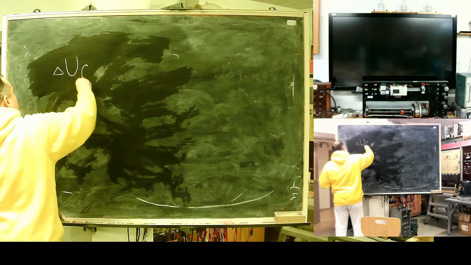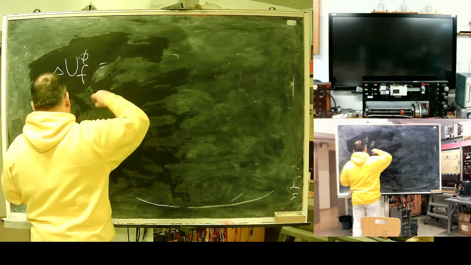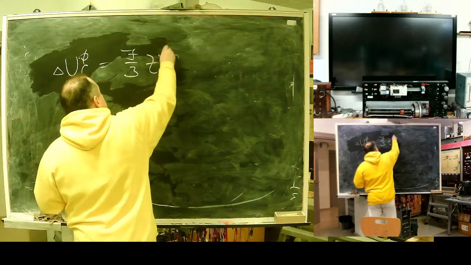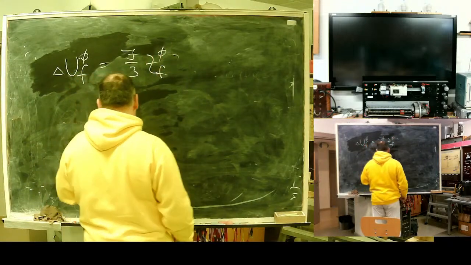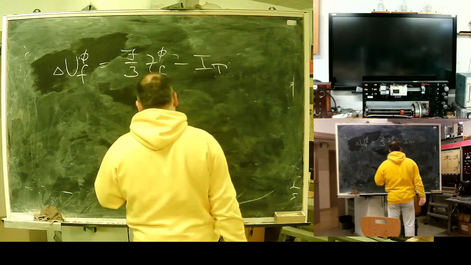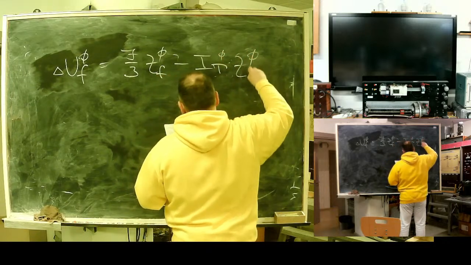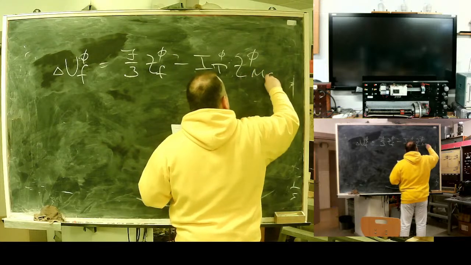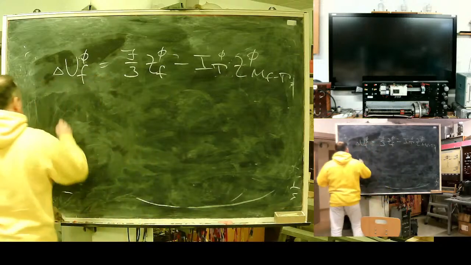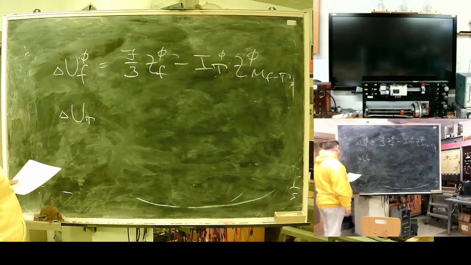In the phase wire, zero sequence drop will be 1/3 of current, zero sequence resistance of my phase minus current in protective wire, mutual resistance between wire and cable. Because we can write voltage drop in protective cable.